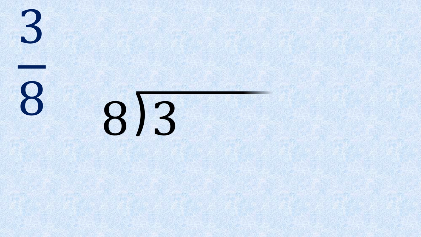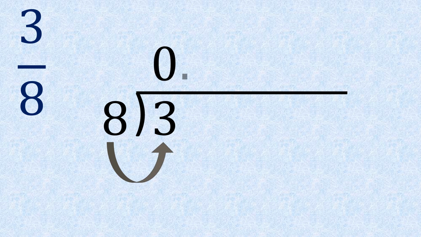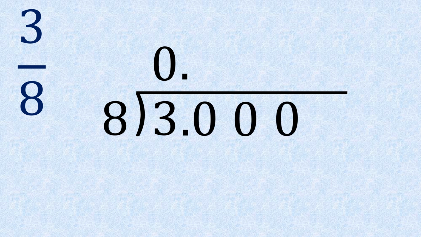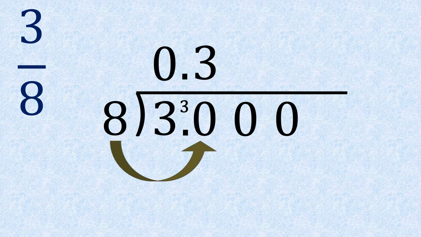So 3/8 into a decimal, let's write that down on the bus stop and begin. 8s into 3 don't go, so again 0 on the top, decimal point, and zeros in the bus stop. So we're going to carry the 3 over, giving us 30. 8s into 30, that goes 3 times with a remainder of 6.